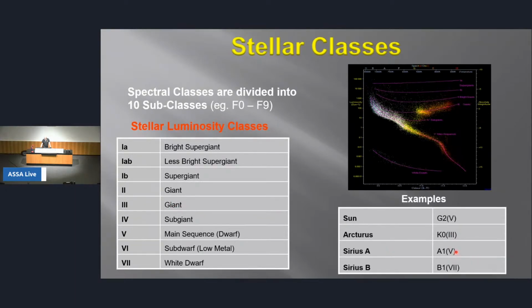Sirius A is an A1V, so it's a main sequence star, but it's an A-class star, much hotter than the Sun. And Sirius B, we mentioned Sirius B before, is a white dwarf, the companion to Sirius A. But it's a B1 star, so it's very hot, but it's a white dwarf. So even though it's very hot, it's not very luminous because it's very small.